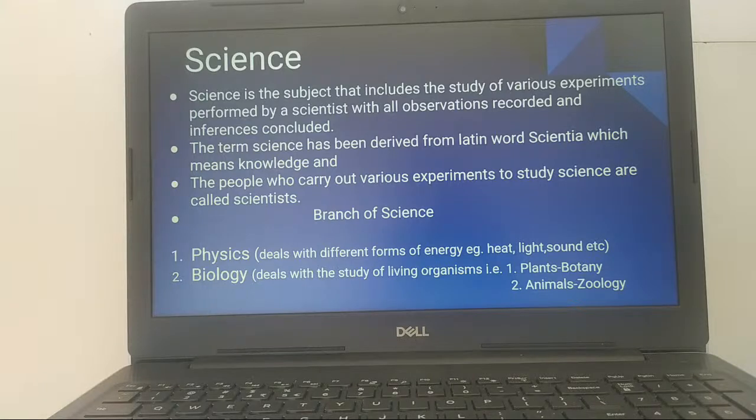Composition means what that substance contains. When we talk about methods of preparation, it means how they are prepared. And finally, its reactions with other substances where the transformation takes place.